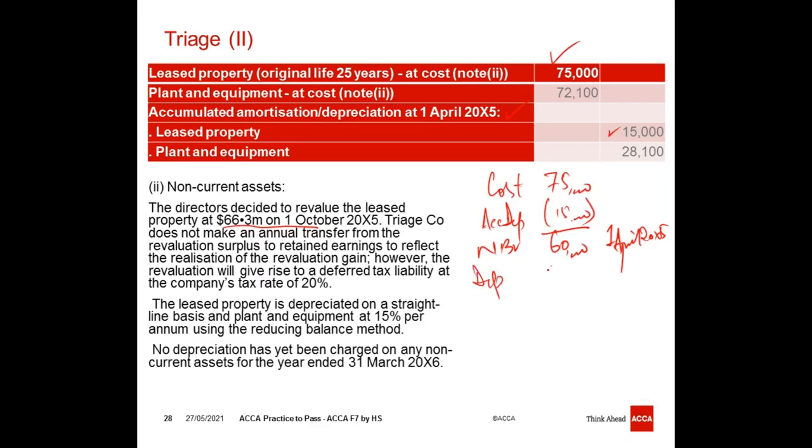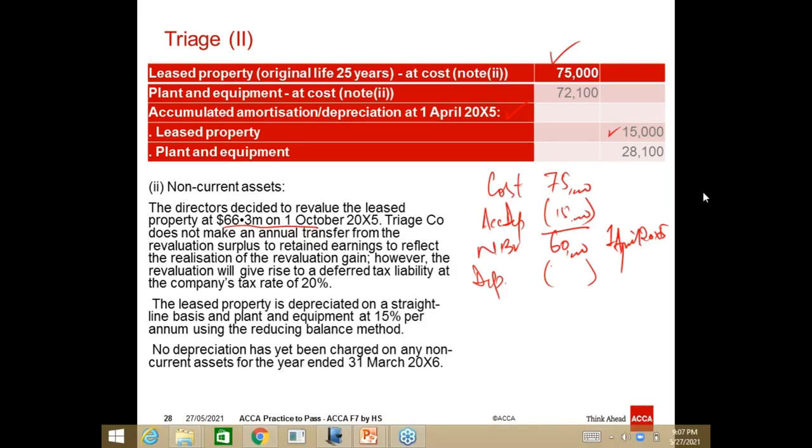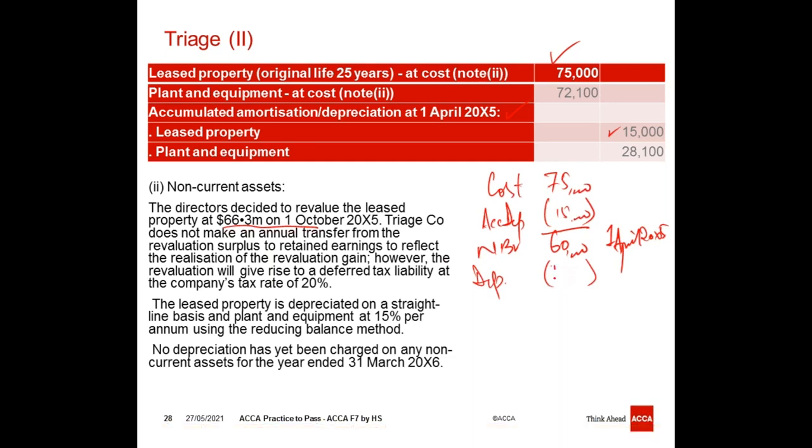So 75,000 divided by 25 years, you get the depreciation value of 3,000 for the year, and for the first 6 months it will be 1,500. So my net book value will be 58,500 at 1st October, that is the date of my revaluation.